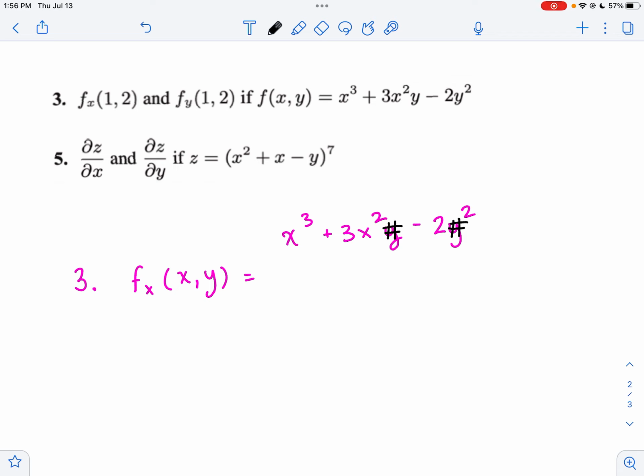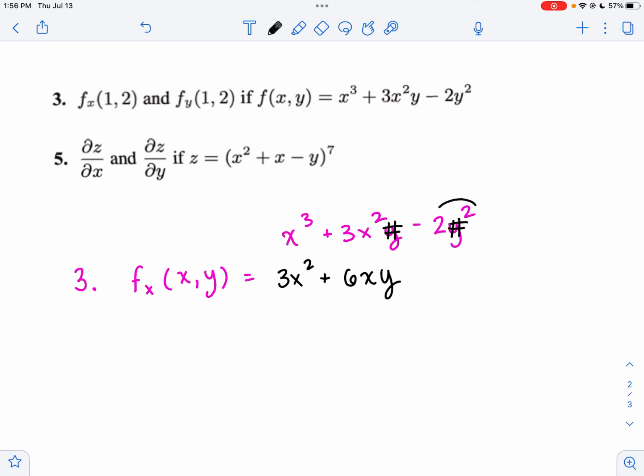So in that case, we end up with 3x squared, just from our basic rules of derivatives. And then here, because y is just a number, I'm still keeping it there. I'm going to derive in general, becoming 6x, but y is still there, because let's say that was just the number 2, 3 times 2, that number wouldn't just disappear, right?